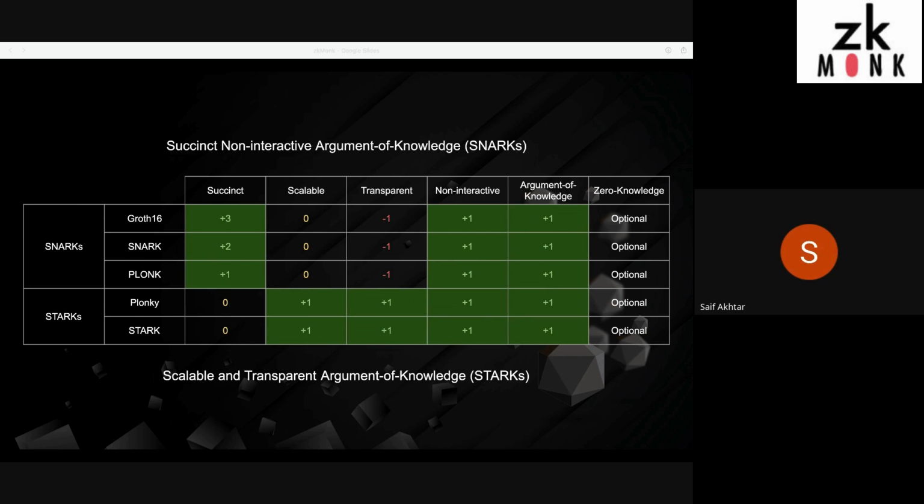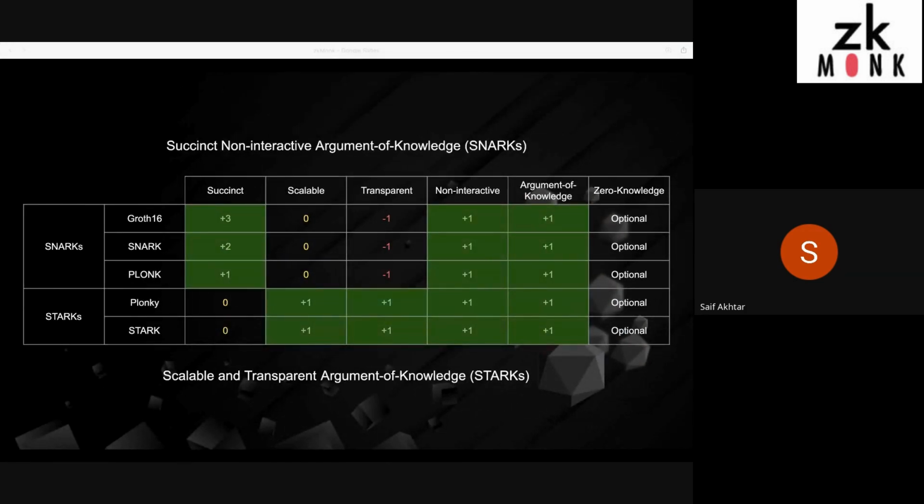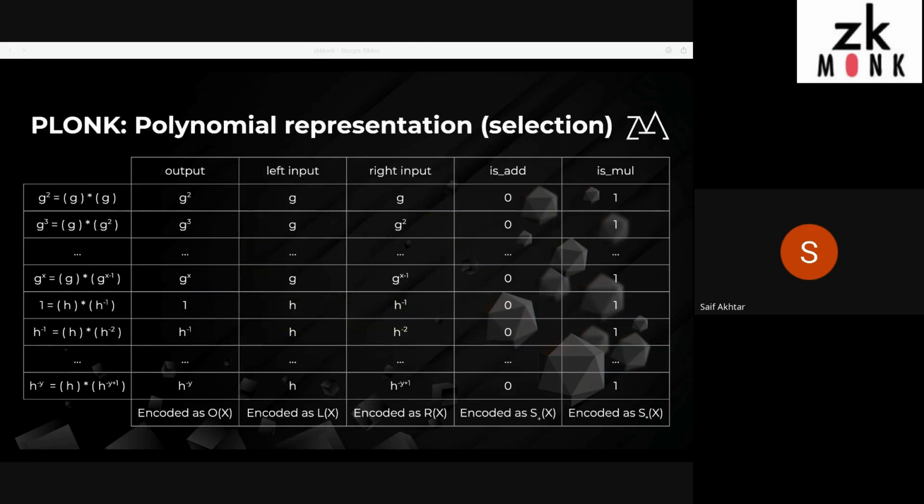I think the first question was about PLONK, where you showed how you are calculating the polynomials for each constraint. You had a summation equation there at the bottom. So the question was, does every constraint add to the number of polynomials?